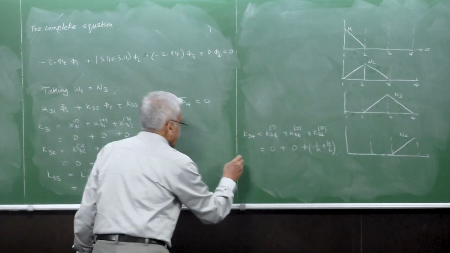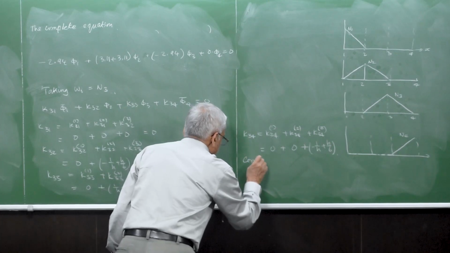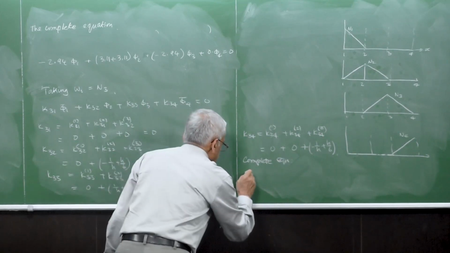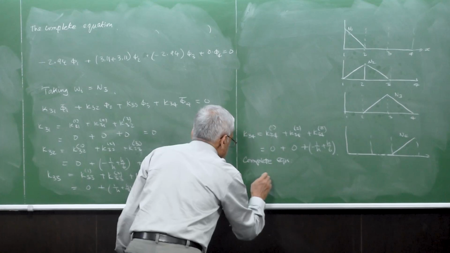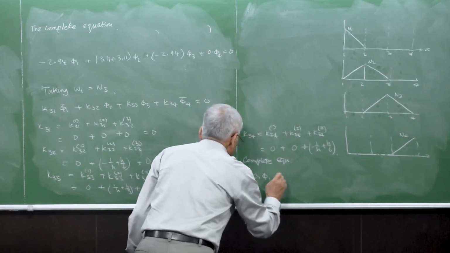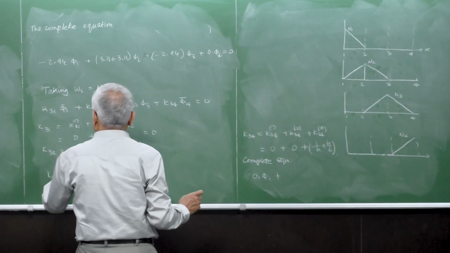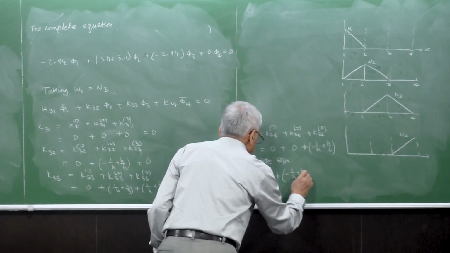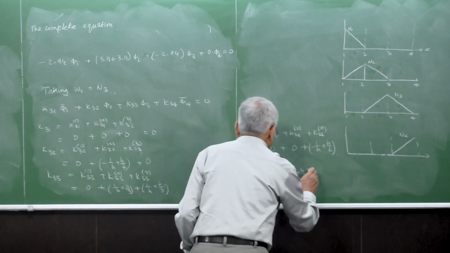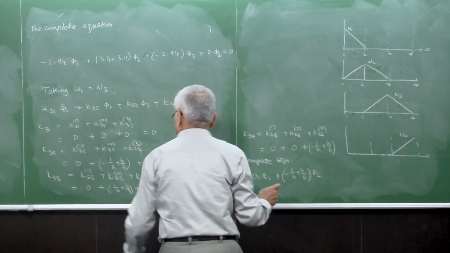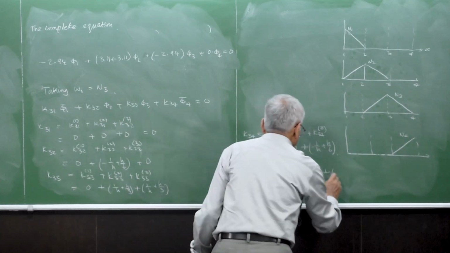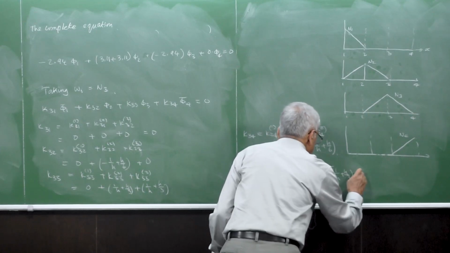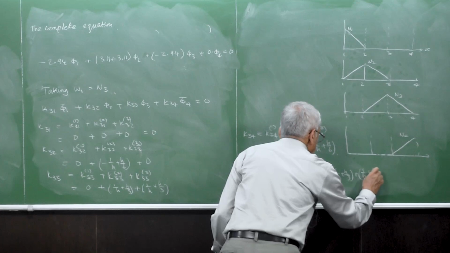So essentially, the complete equation will be, so 3-1 is 0, so there is nothing, 5-1, I'll put 0, and 3-2 is minus 1 by H plus H by 6, that's 5-2, and 3-3 is 1 by H plus H by 3, and again same thing.